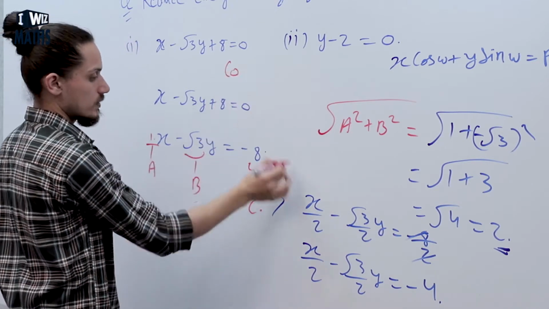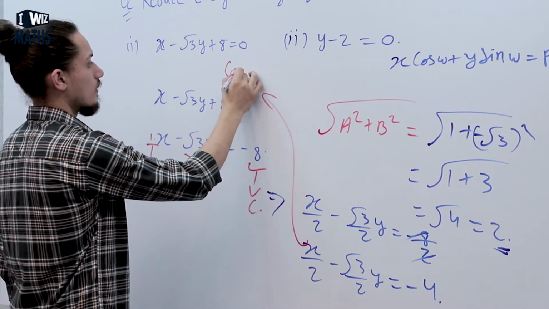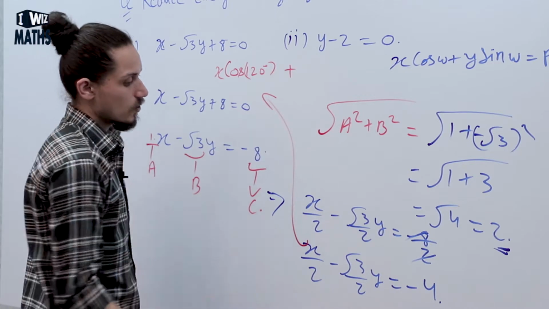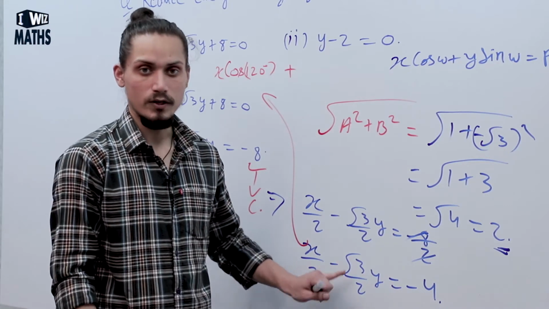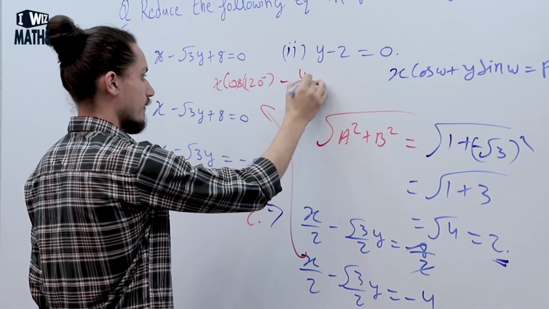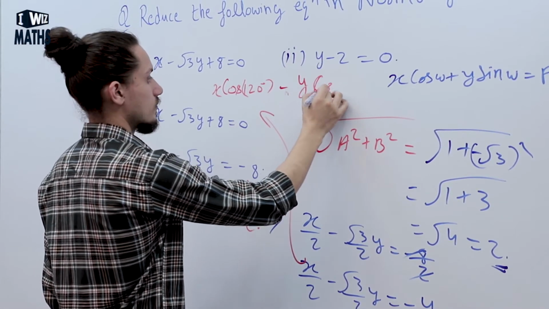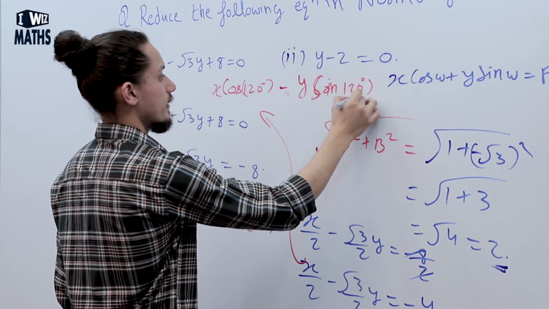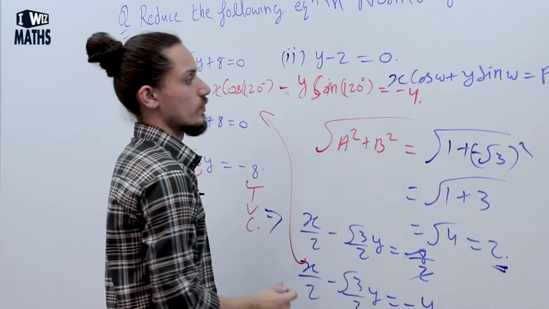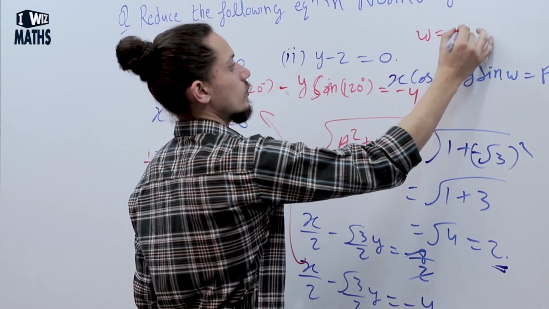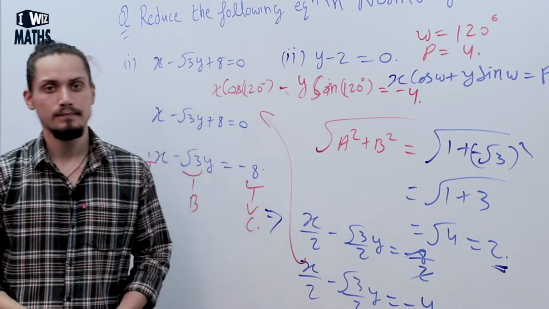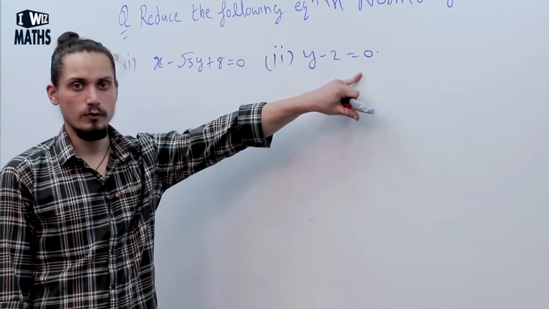So we get cos 120 degree into x plus y की भी 120 degree पे value होती है under root 3/2. So we get minus y sin 120 degree is equal to -4. So comparing this to the equation we get omega is equal to 120 degree and p is equal to 4, and hence the result.